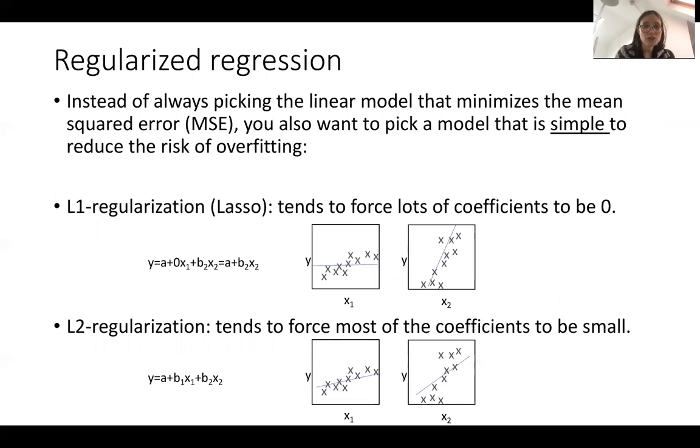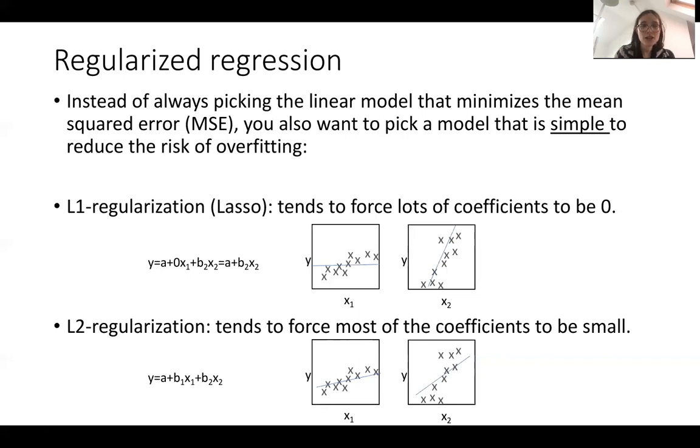In regularized regression, you don't always pick the linear model that minimizes the mean squared error, but rather you also want to select a model that is simple in order to reduce the risk of overfitting. Regularized regression helps you balance the need to have a simple model and have a model that minimizes the mean squared error. I won't go into the math in detail.